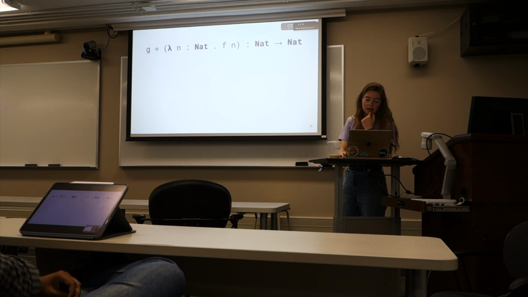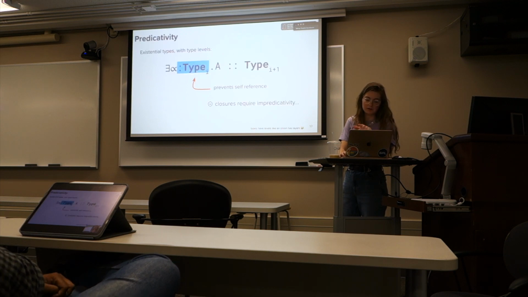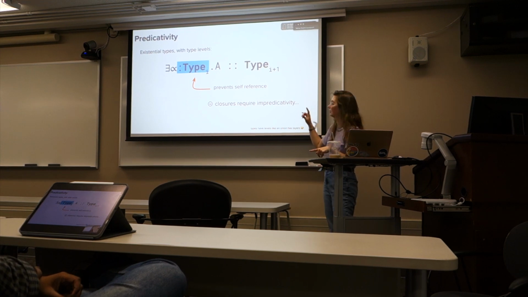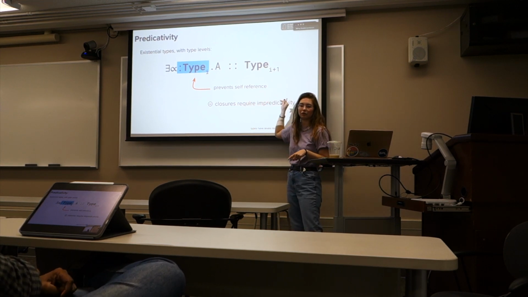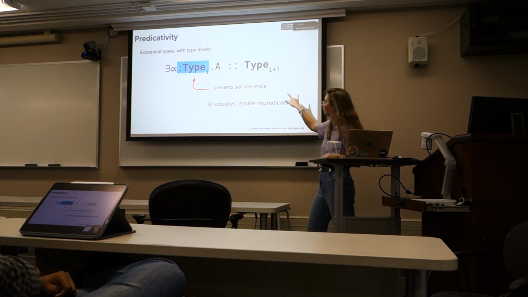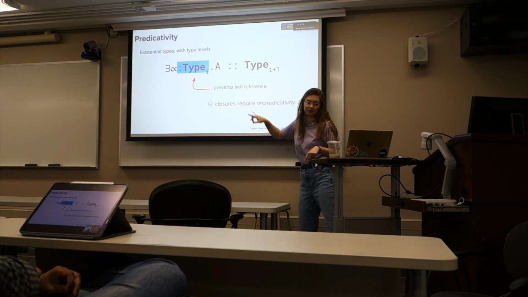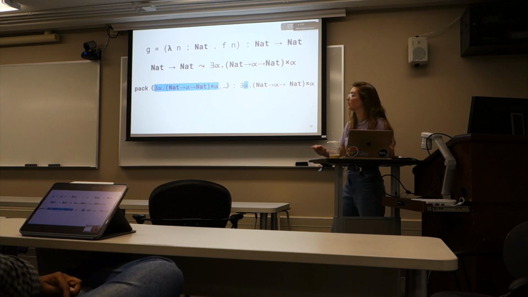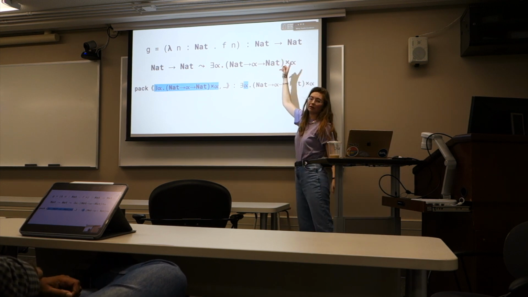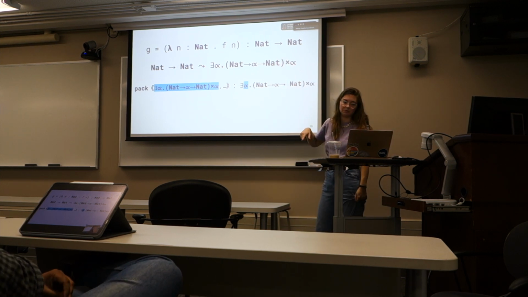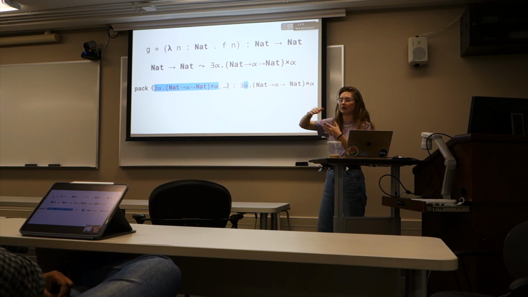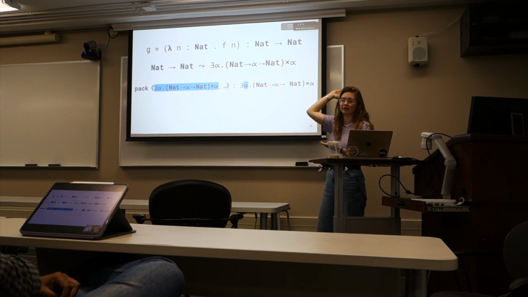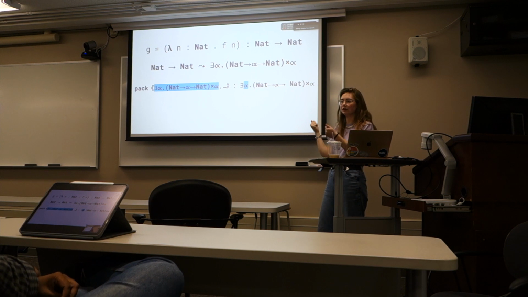So basically, if we had this restriction saying our existentials are predicative, so one level higher than what they quantify over, we essentially rule out functions like this that close over functions of the same type. You could probably, like Carlos said, send the levels up high enough to encode this.